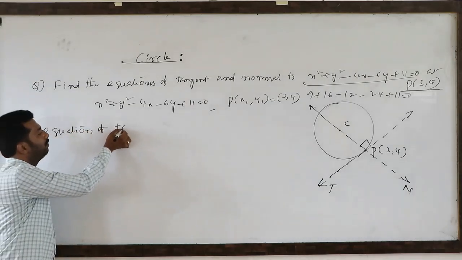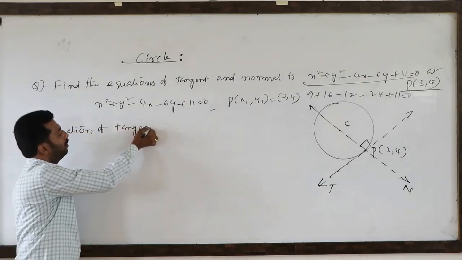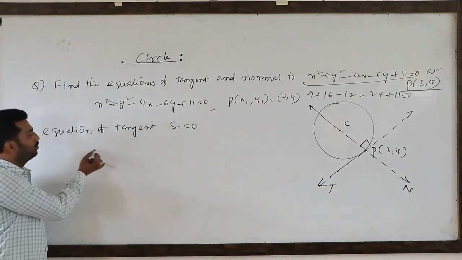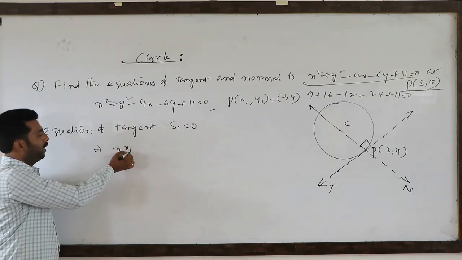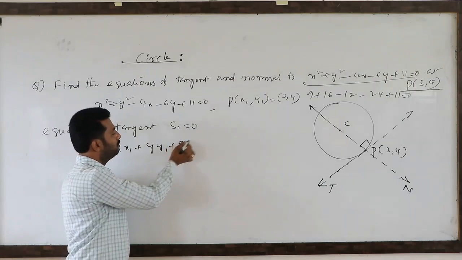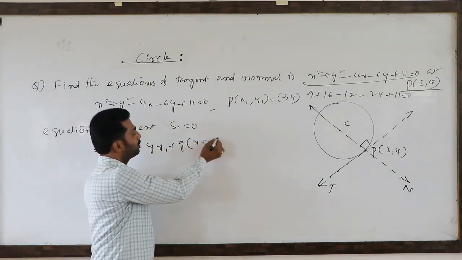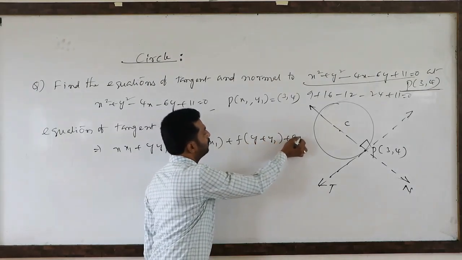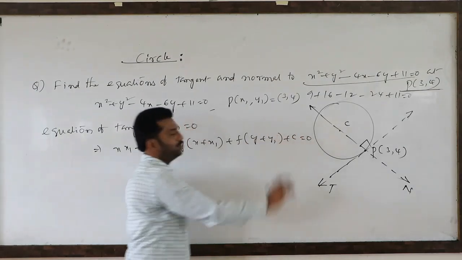What is the formula? S1 equal to 0. S1 is nothing but xx1 plus yy1 plus g into x plus x1 plus f into y plus y1 plus c equal to 0.